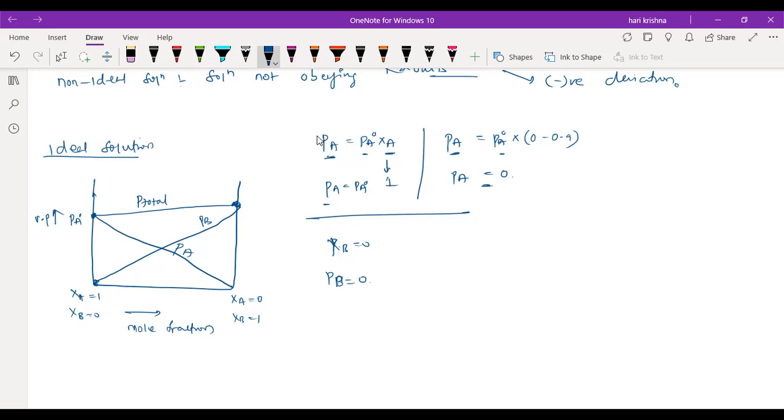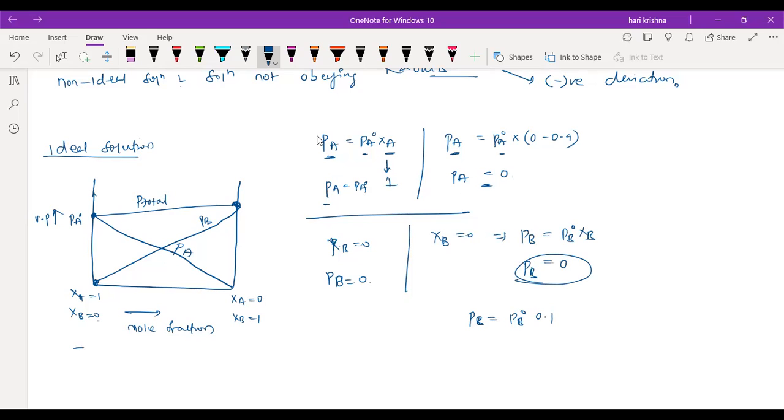See here. Initially at this condition, XB equal to 0, right? Yes, sir. That means PB equal to PB naught XB. If XB equal to 0 now, PB also equal to 0 or not? Yes, sir. That means it is 0. Now, XB is going to increase from 0 to 1. That means PB equal to PB naught XB. Suppose XB equal to 0.1.